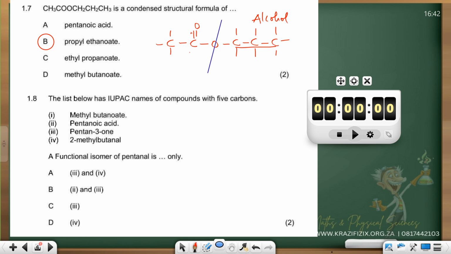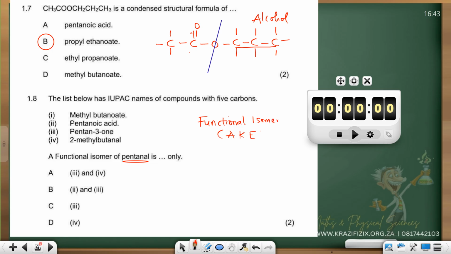The list below has IUPAC names of compounds with 5 carbons. A functional isomer of pentanal. All right, pentanal is an aldehyde. For those of you that were in my class that day, I remember telling you about cake for functional isomers.